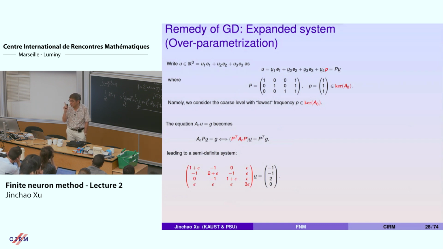Epsilon is very small but positive, non-zero. The original problem has a unique solution if epsilon is positive, right? But this one is not unique, but if you multiply by P U tilde, it becomes unique, okay?